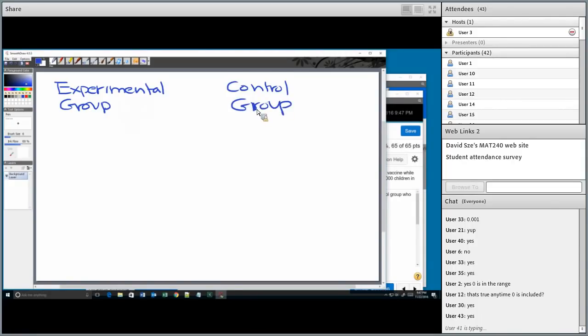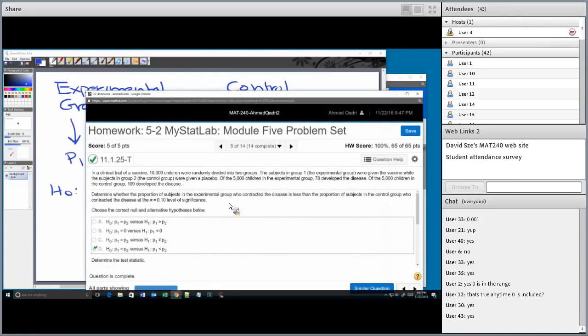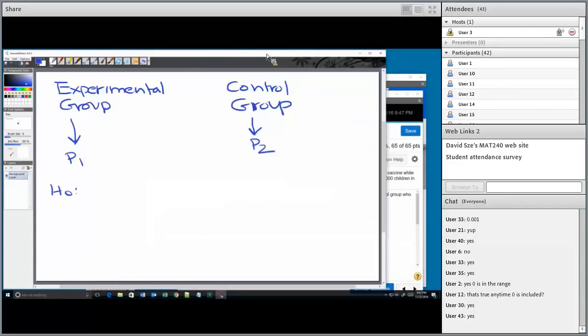This is P1, proportion 1, and the control group is proportion 2. My question is, I have to test whether the proportion in the experimental group is less than the proportion in the control group.